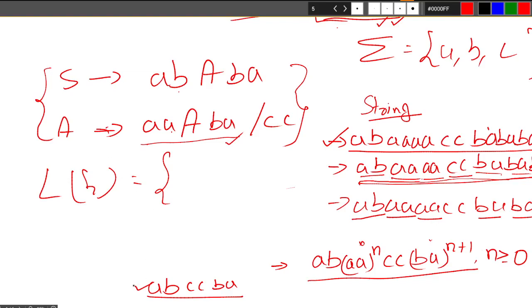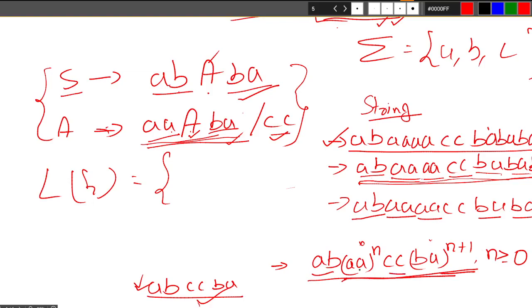For this string we start with S, we keep AB, A and BA, and this A will be replaced by CC only. Here one AB and one BA are from here, and we can see that AA and BA are repeated the same number of times, and in the last, A is replaced by CC.